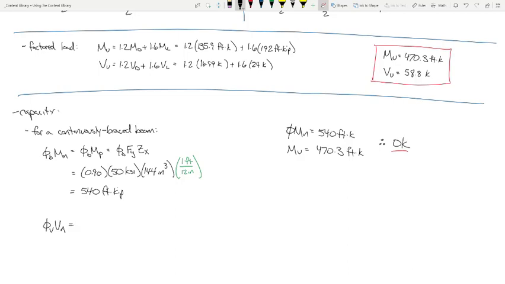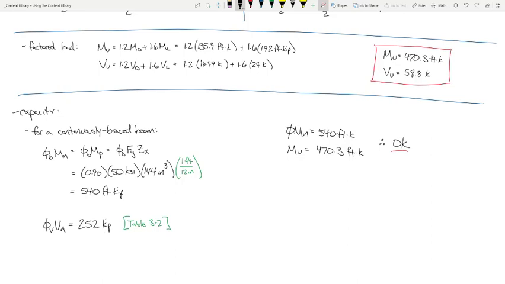We're going to look it up right now in Table 3-2. For a W21x62, what is it? 252 kips.